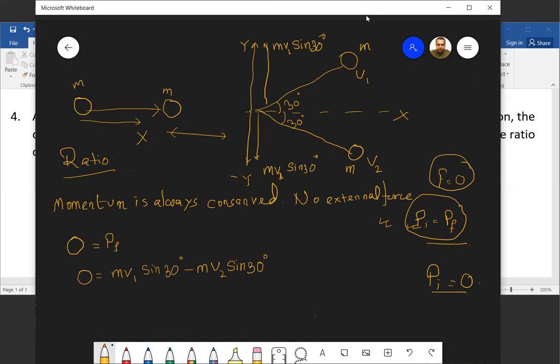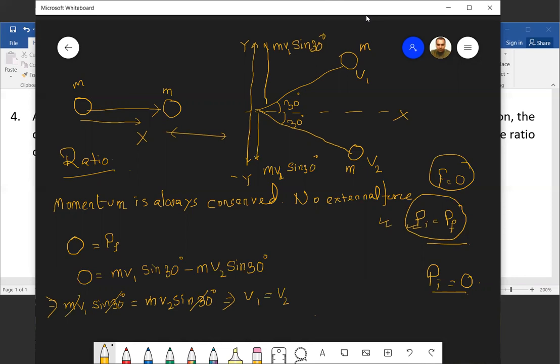So let us simplify and see what we get. m v1 sine 30 degrees is equal to m v2 sine 30 degrees. So m gets cancelled, sine of 30 degrees gets cancelled. What is left? v1 equals v2. So what was the question?